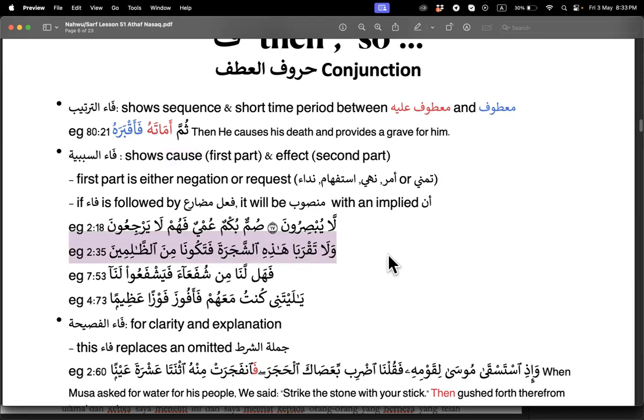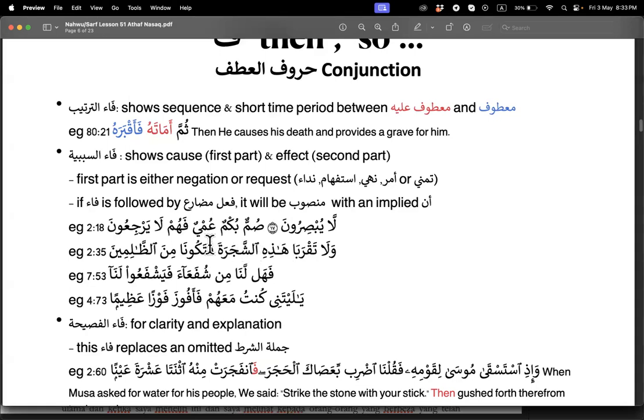Do not approach this tree, and then both of you will become among the zalimin. Here an English word we can use is 'lest'.